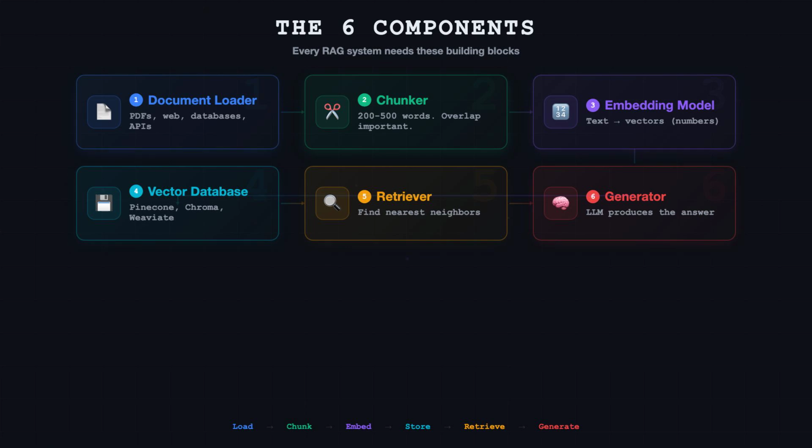The retriever orchestrates the search. It might use simple similarity search or hybrid search, combining keyword matching with semantic search for better results. And finally, the generator, the language model itself, takes the retrieved context plus the original question and produces the answer.